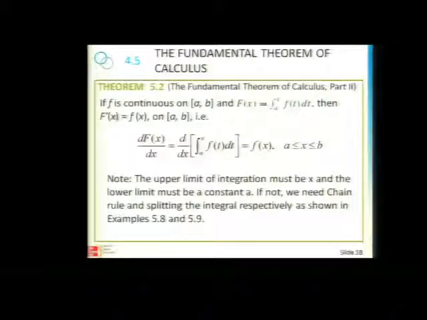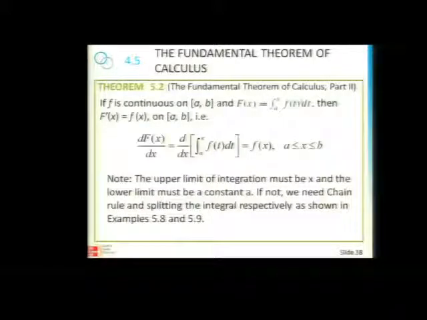Again, first of all, the function f must be the integrand. You see that we have an integral here, right? So the integrand f(t) must be continuous within the interval, okay? And then this F(x), capital F(x), is actually the definite integral of this f(t), okay? All right?